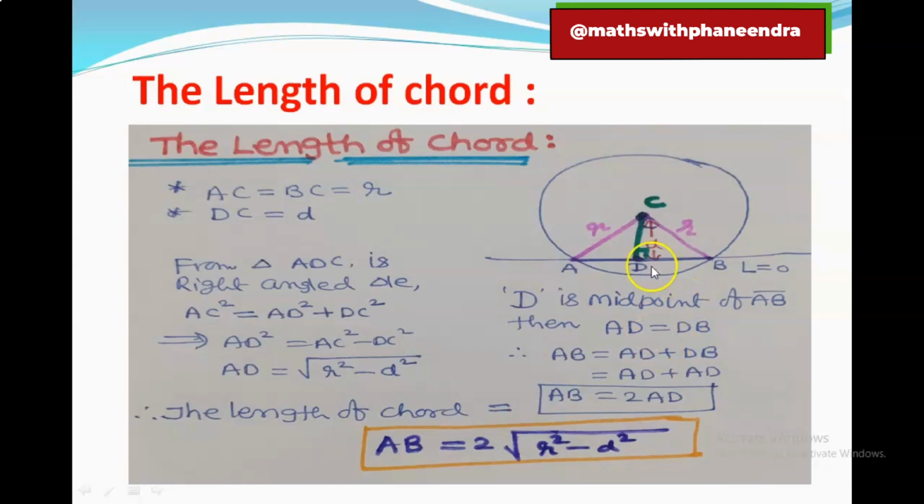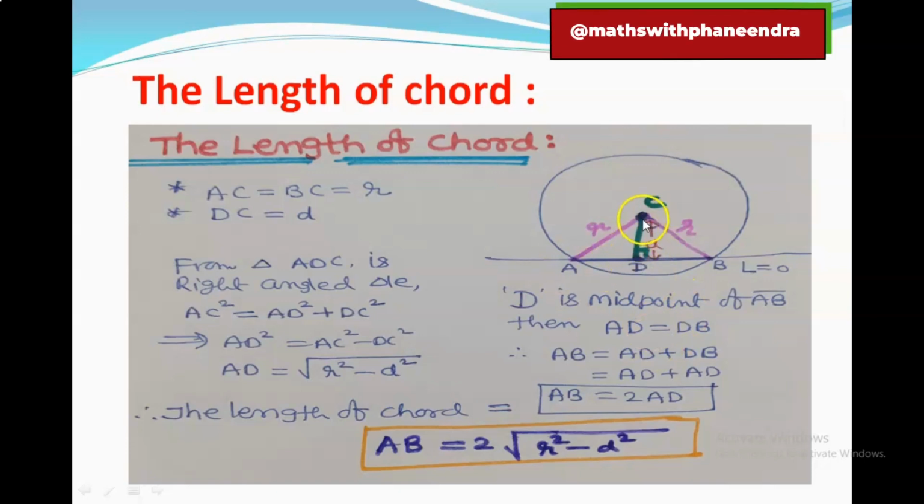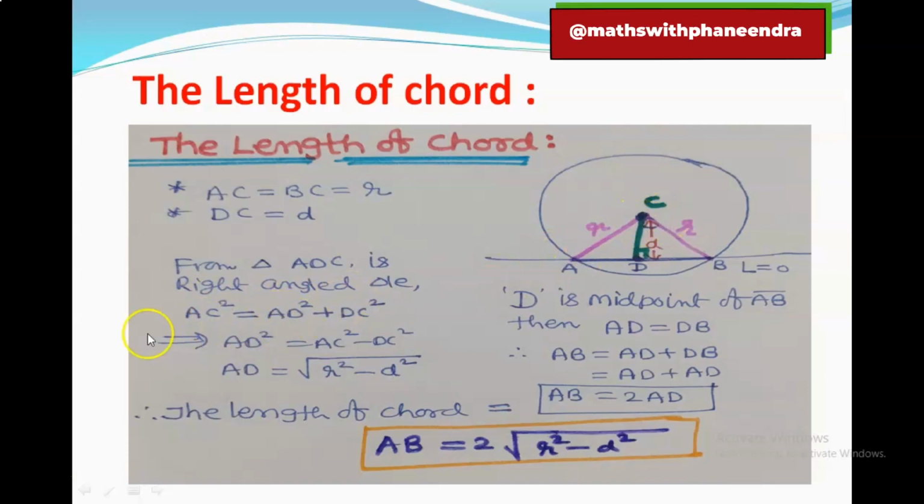By using the right angle triangle and the Pythagoras theorem, AD² + DC² = AC². So AC² is r² = AD² + d². Making AD the subject, AD = √(r² - d²). This is the value of AD.